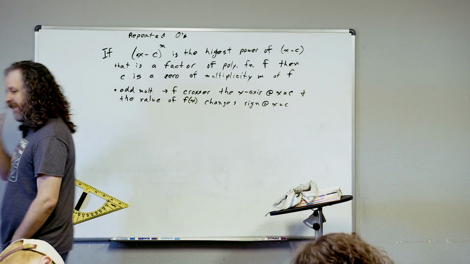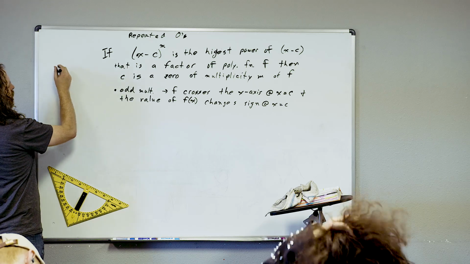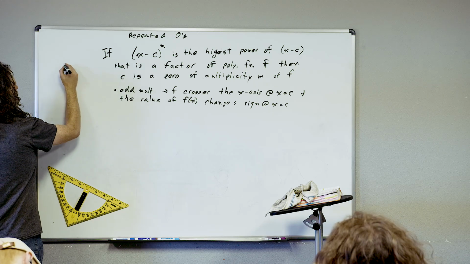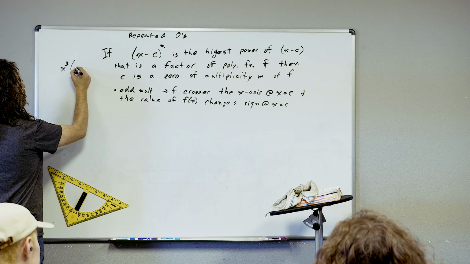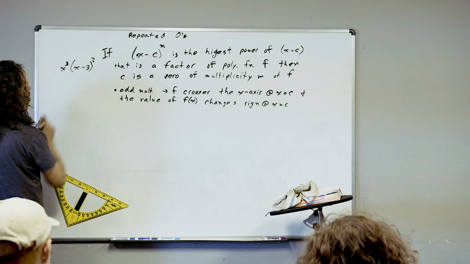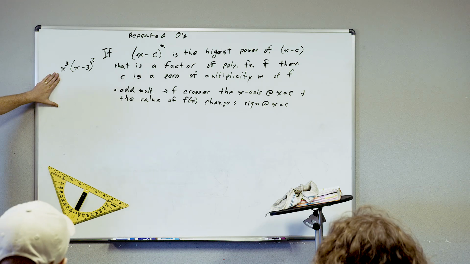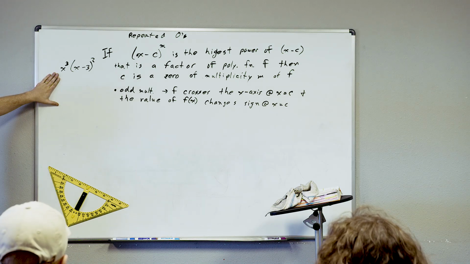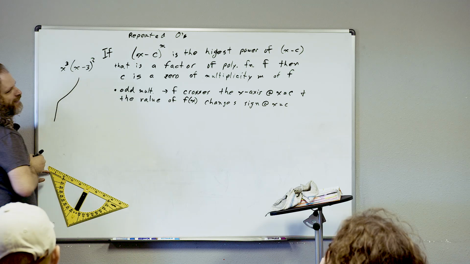We saw that in the last one too, because remember, we factored this into x cubed something times x, whatever it was, minus 3 squared. So this zero had an odd multiplicity, and that's exactly what it did. It went and juked over right there, right?